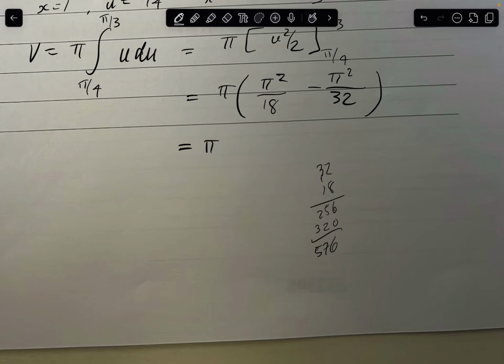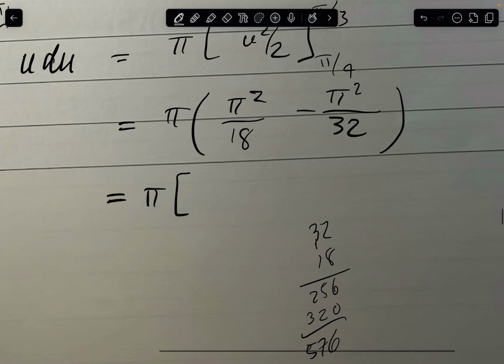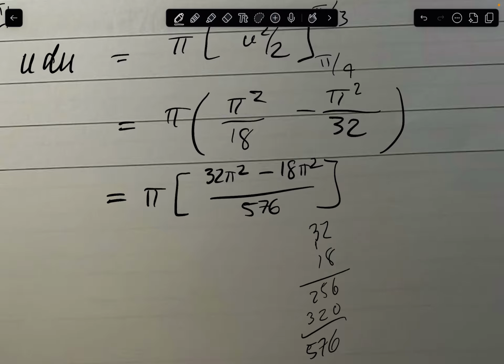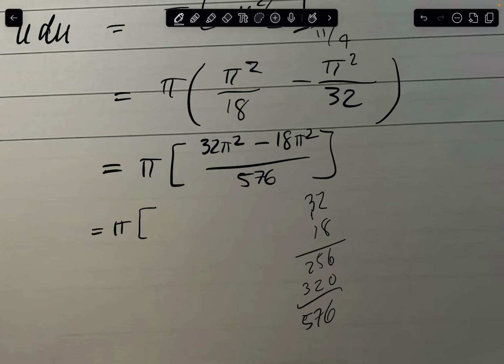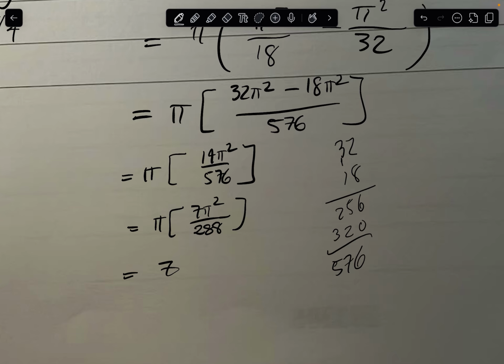So that's pi times 32 pi squared minus 18 pi squared on 576, which is pi times 14 pi squared on 576, which is pi times 7 pi squared on 288, which is 7 pi cubed on 288.